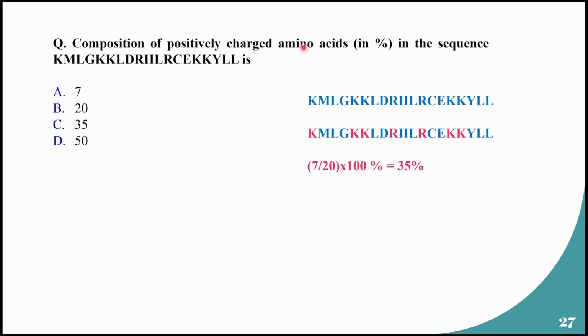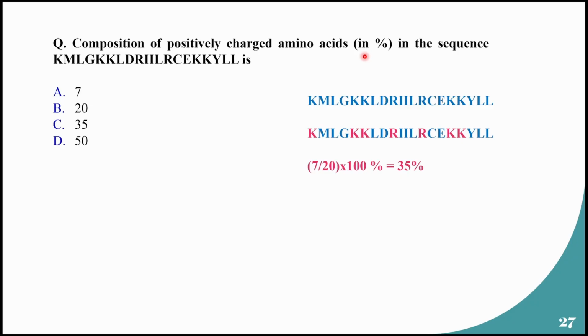You can get useful information from that as well. For example, this question was asking the composition of positively charged amino acids in a particular sequence, right? If you have a high positive charge content, you can identify that particular region as likely interacting with some sort of negatively charged component. So this sort of information you can get.